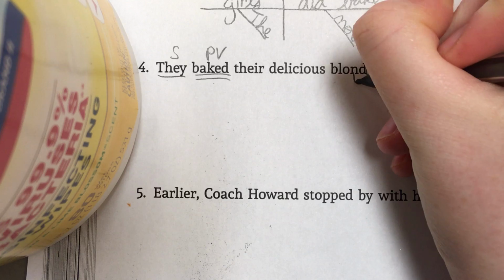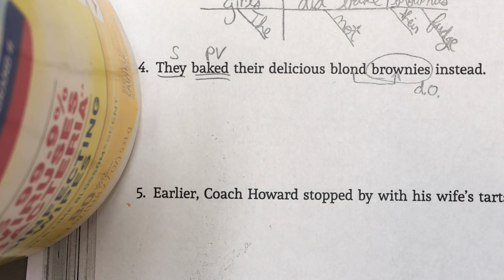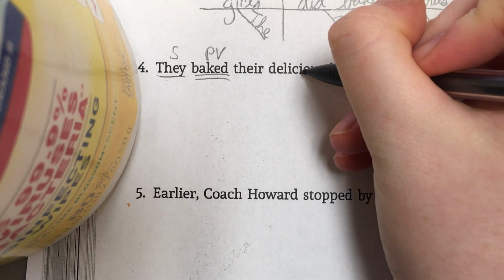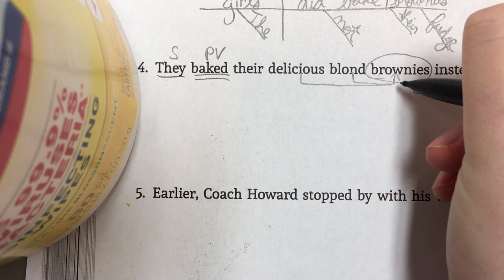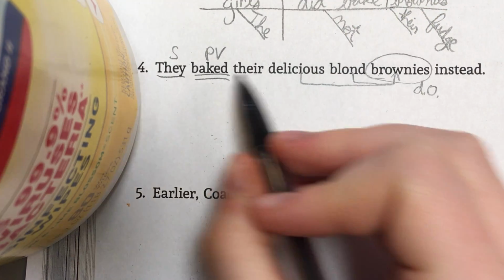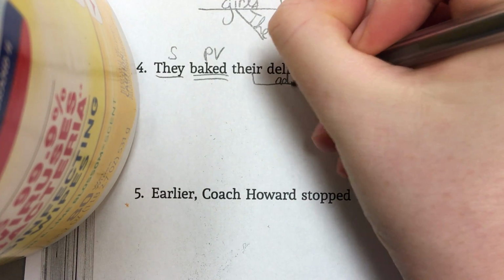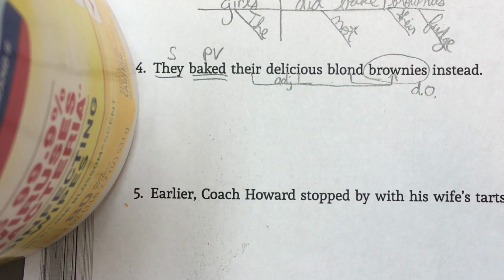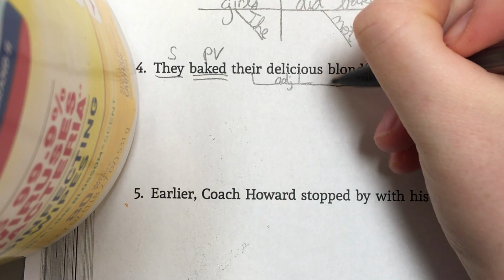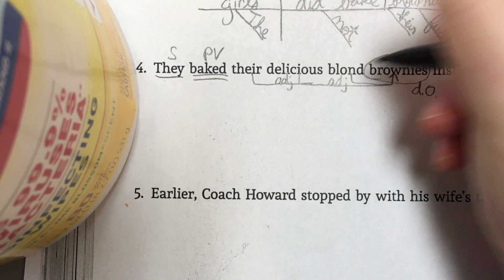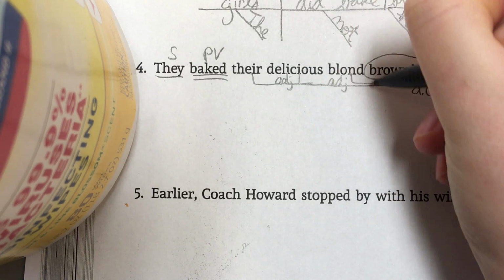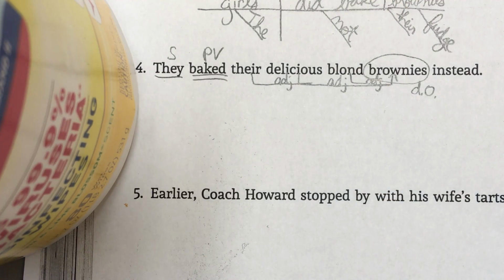What kind of brownies? Blonde brownies. What kind of blonde brownies? Delicious blonde brownies. Whose delicious blonde brownies? Their delicious blonde brownies. Try saying that 5 times fast. There we go. 3 adjectives. Delicious blonde brownies.